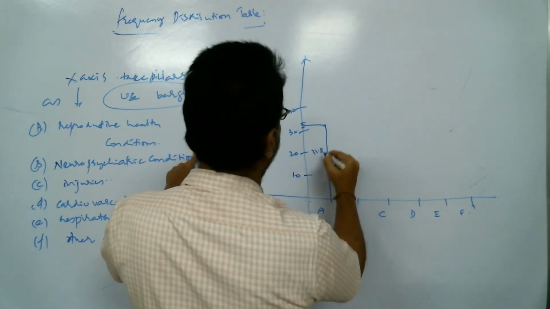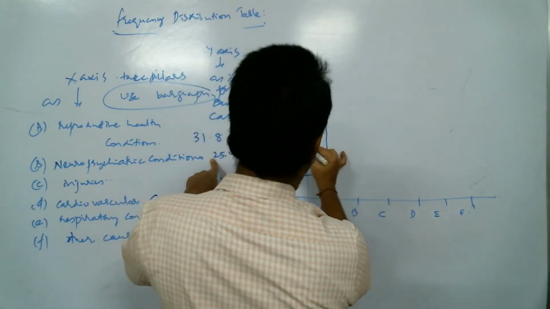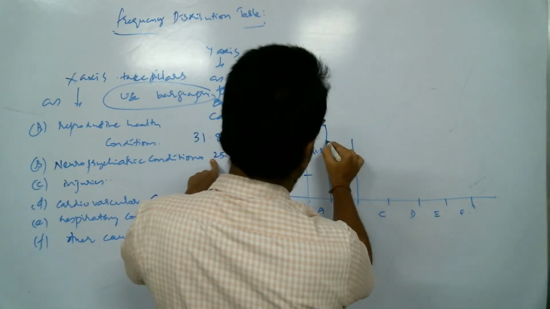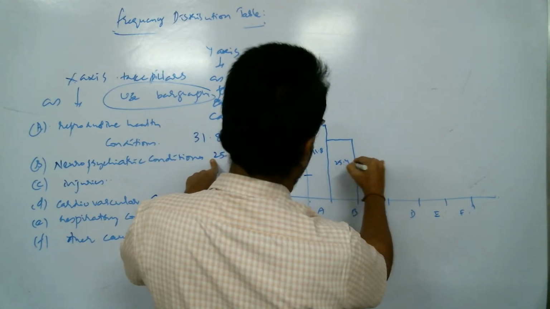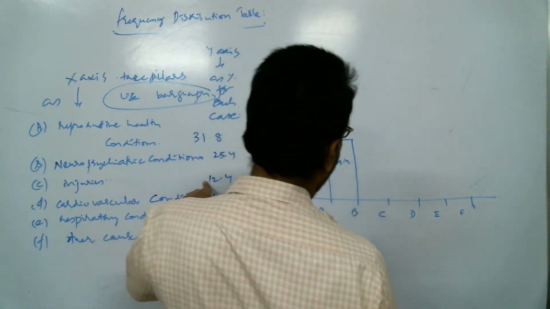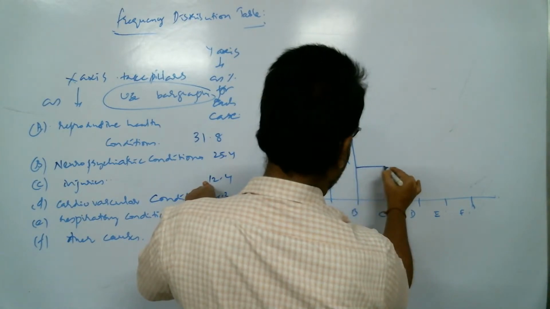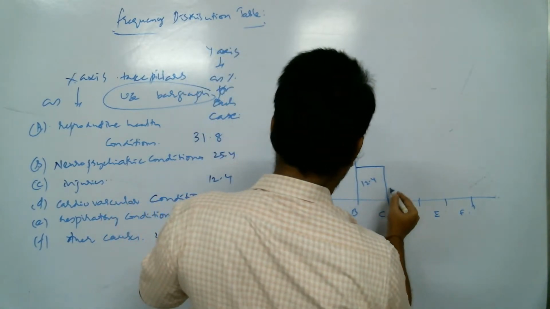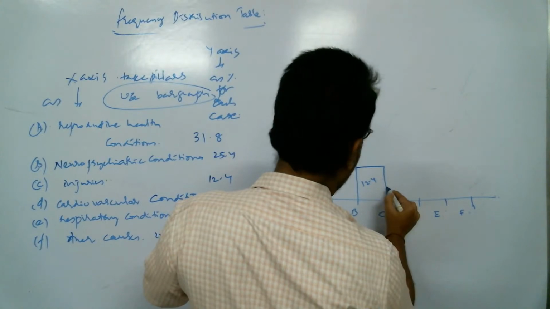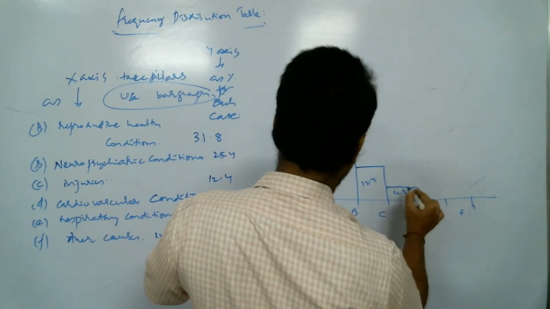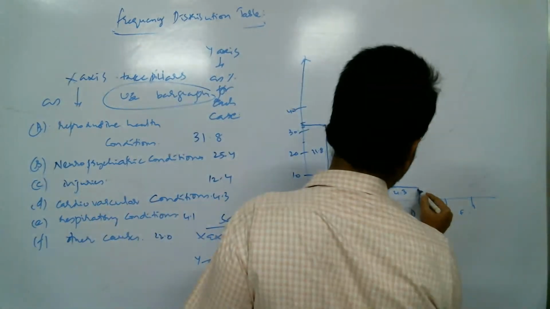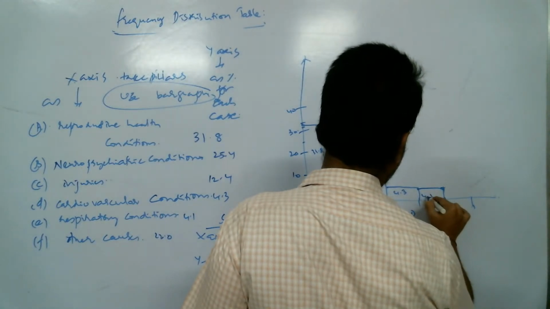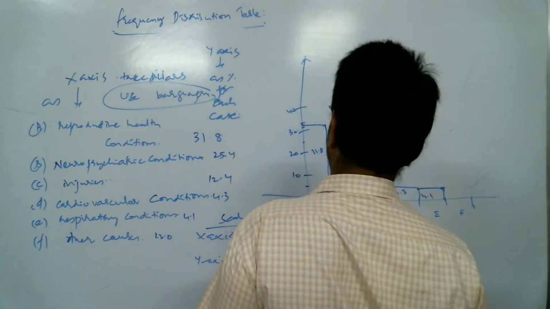Second one 25.4. 25 is here. 25.4 is here somewhere. This is the second condition. Third, 12.4 will be somewhere here. 4.3, this is 5, so in between you can go here like this. 4.3. 4.1. Then 22.0.